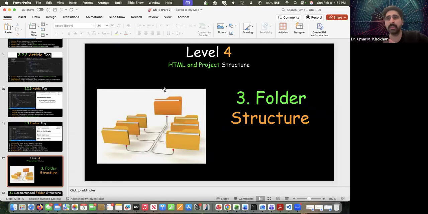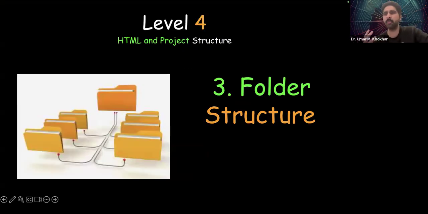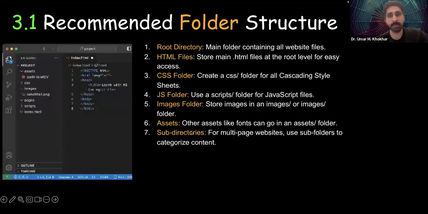Very, very important thing. For example, if you guys are making a good project, it is better if you can make folders. The structure of the folders is very, very important. The main directory is called the root directory, where we can put our index.html file. If there are some other files, we should have a folder like HTML for them. So all of our other files should be in that particular directory.